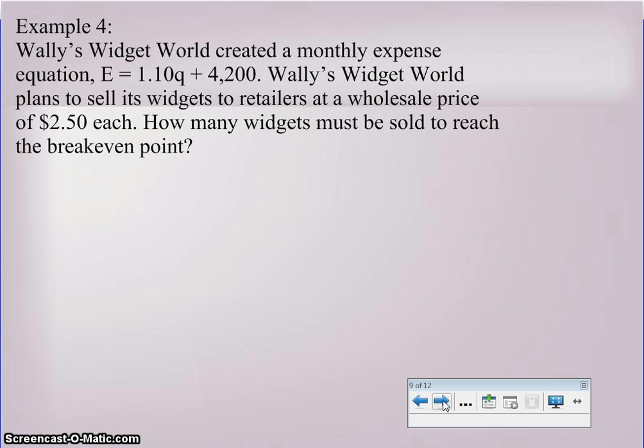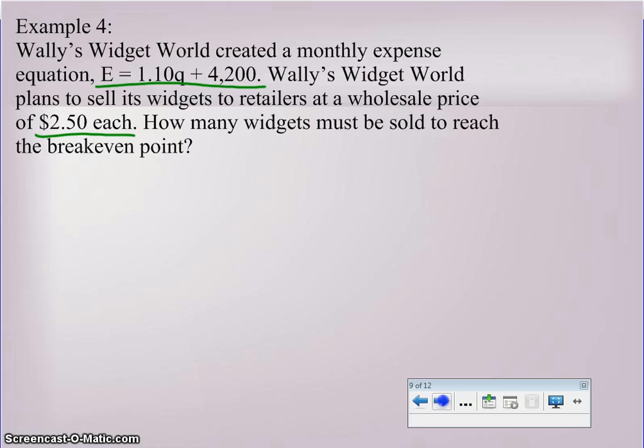Okay, example 4. Wally's Widget World created a monthly expense equation of E equals 1.10Q plus 4,200. Wally's Widget World plans to sell its widgets to retailers at a wholesale price of $2.50 a piece. How many widgets must be sold to hit the break-even point?